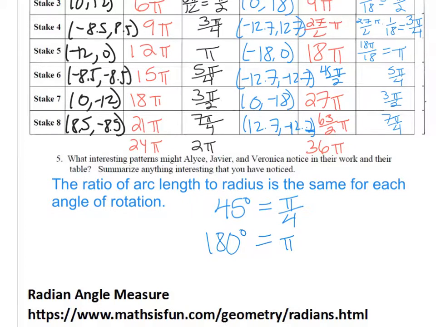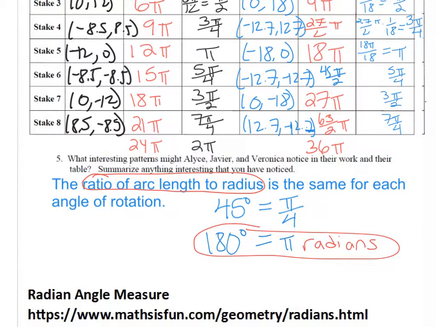And these pi units are called radians. A radian is the ratio of the arc length to the radius. This value of 180 degrees equals pi radians is something that you will have to get stuck in your brain. We are going to use it over and over and over again.